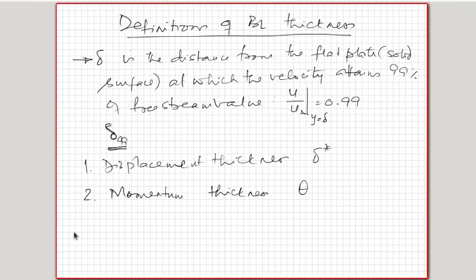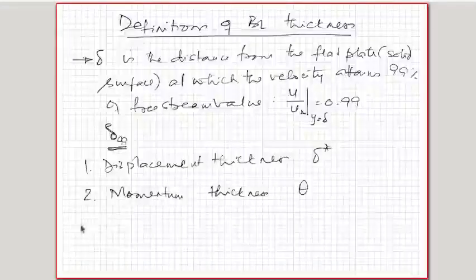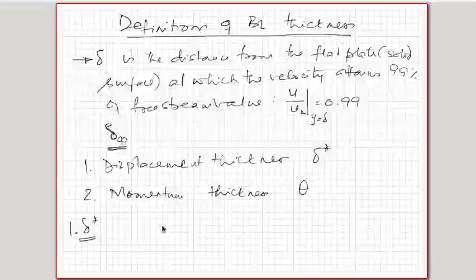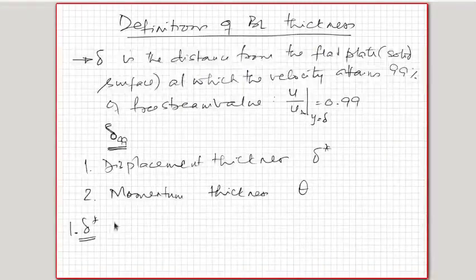Let's understand what each of these means. So first let us look at delta star. Delta star is called displacement thickness, as you can see. You can define it as the distance by which the boundary layer is apparently displaced because of the presence of the solid surface.